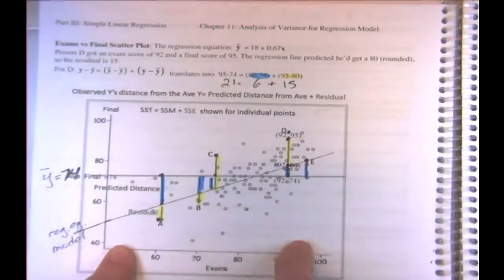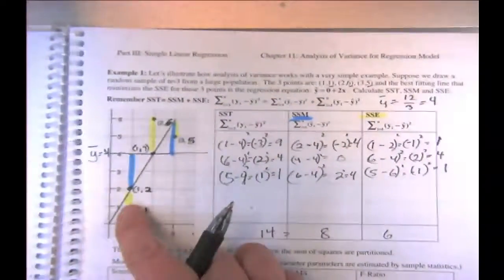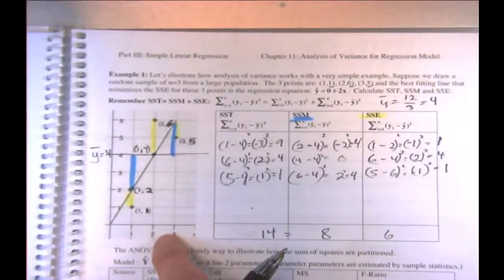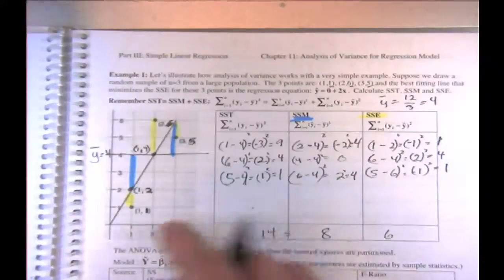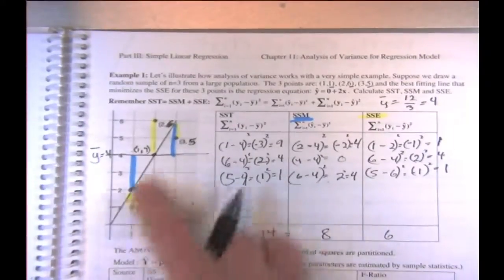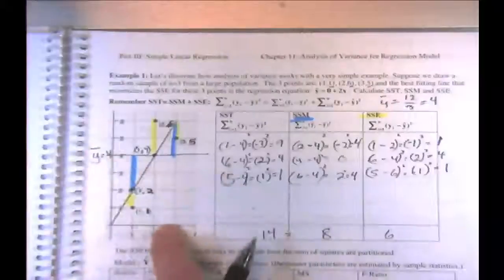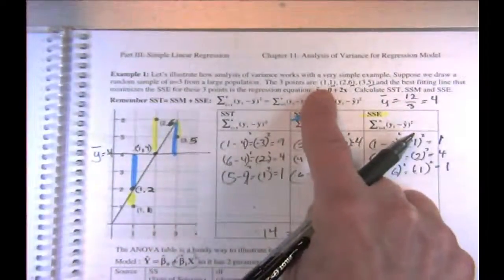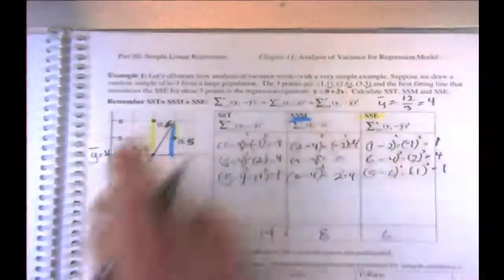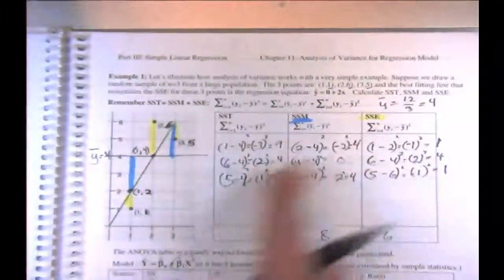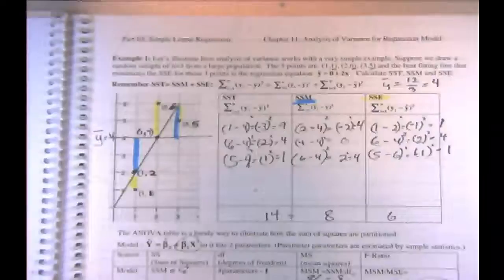Remember that example where I gave you just 3 points? Well, now I'm just going to give you 3 groups. We're going to do the same exact thing and go through these calculations again, which is probably helpful because we have to do this on the exam.